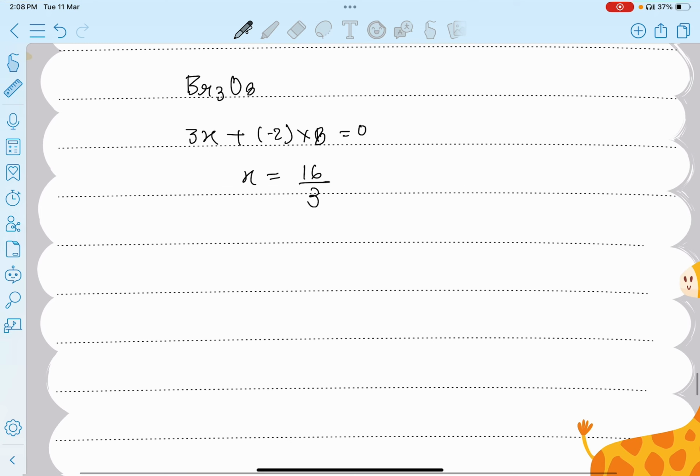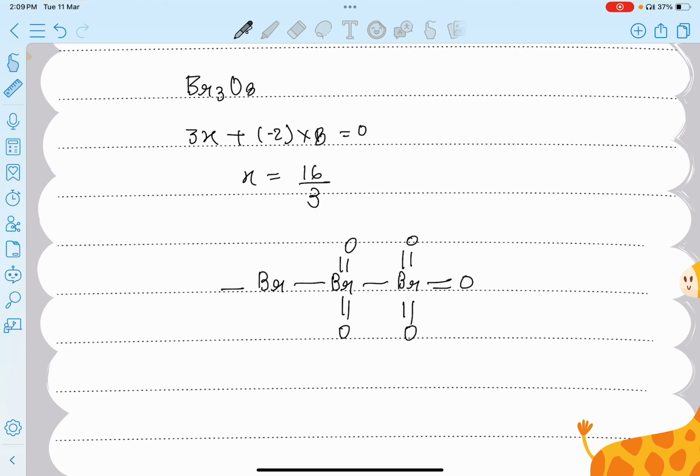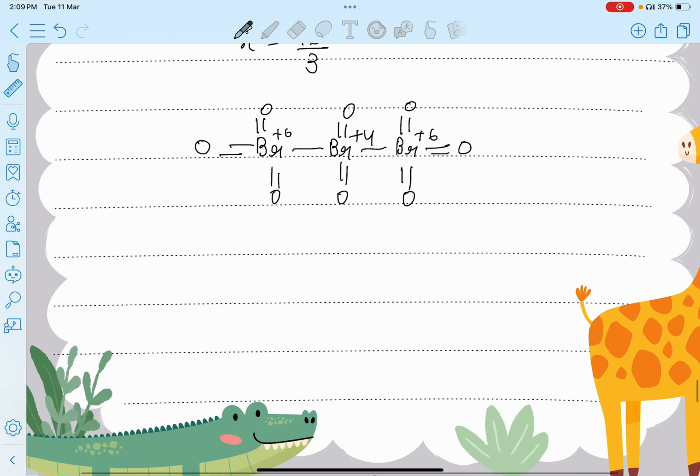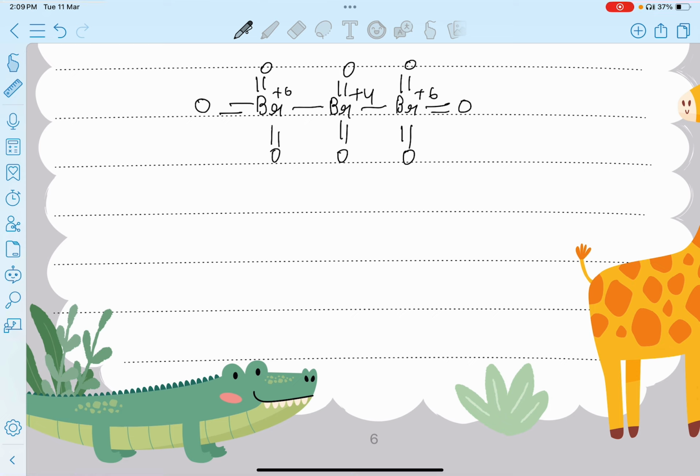But in the compound, Br is attached to Br attached to Br, with O, O and O, O and O, O and O. So the terminal bromine has plus 6 oxidation state, but the center bromine has plus 4 oxidation state. These are the paradox oxidation states.